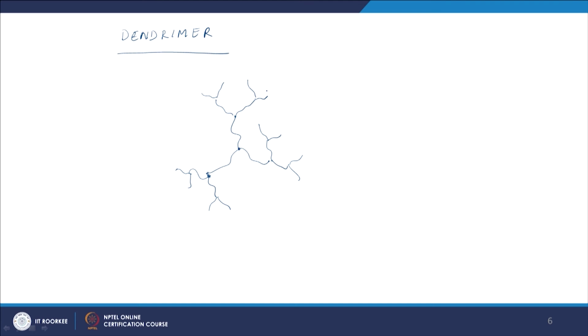Okay. And this can continue for a long time, right. As you can see, the first central one has 3 branches, and after that each of them will have 2 branches, and depending on how many steps I carry, I will have dendrimers of different generations, right. Depending on how many steps I continue this process, I will have different kinds of dendrimer.